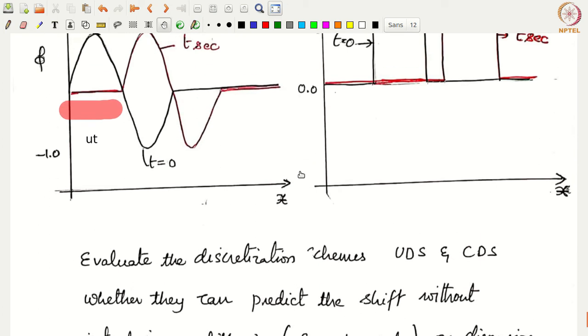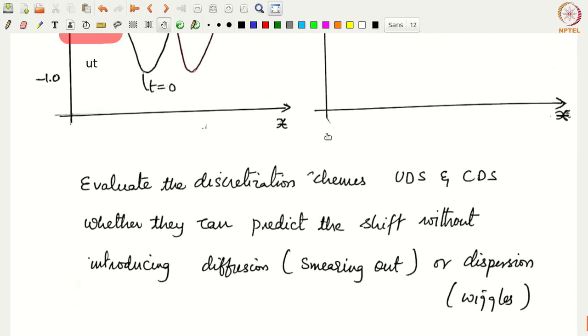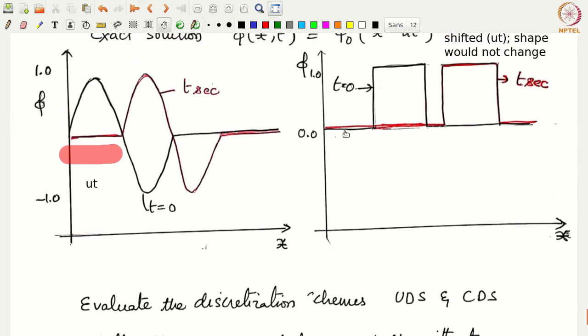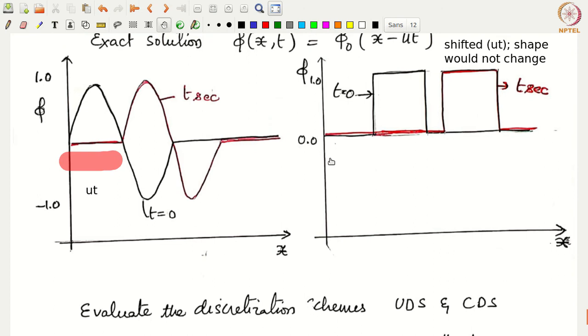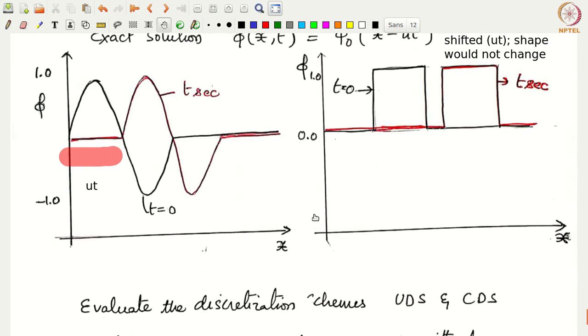That would be our discussion for the next lecture: using central differencing and upwind difference schemes with some form of time stepping scheme, we would like to see the solution obtained and compare it with the exact solution. Now this may look very simple because it is a 1D wave equation and it is linear. Will that be useful? Yes. Because of its simplicity, it is very extensively used in the literature to compare any new scheme that is introduced.